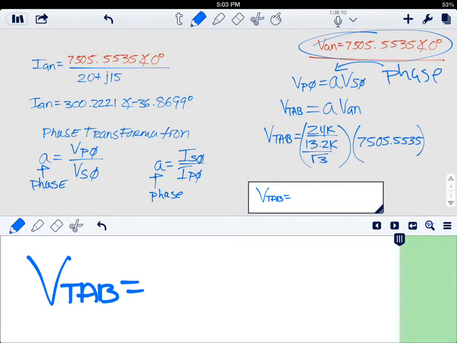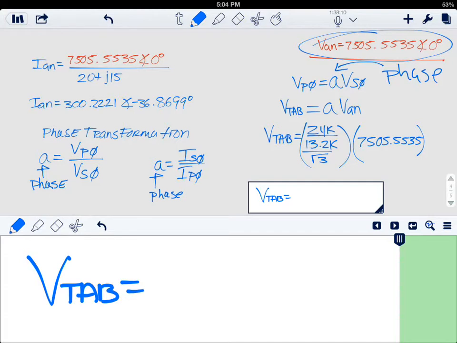Something interesting to understand about phase transformation is that the phase angle when you transform will always be the same in the primary as the phase angle in the secondary.